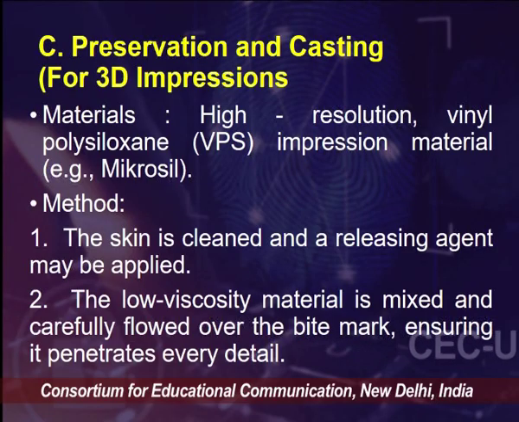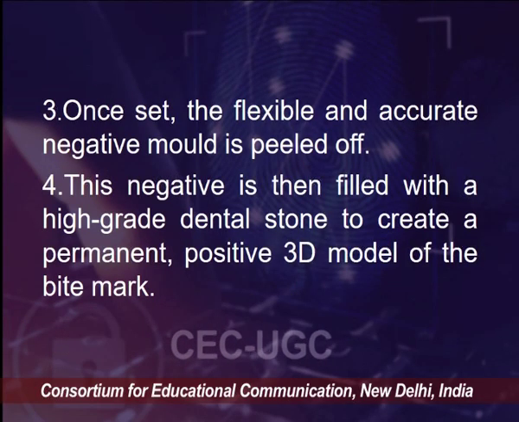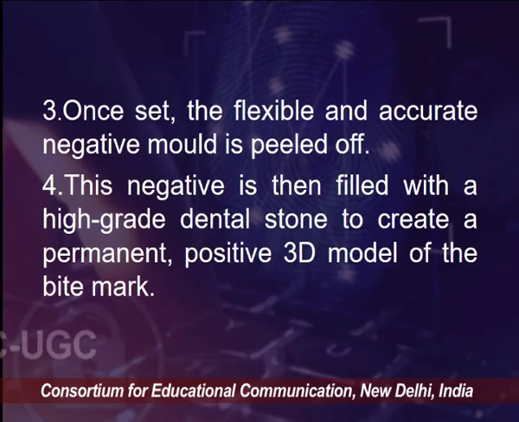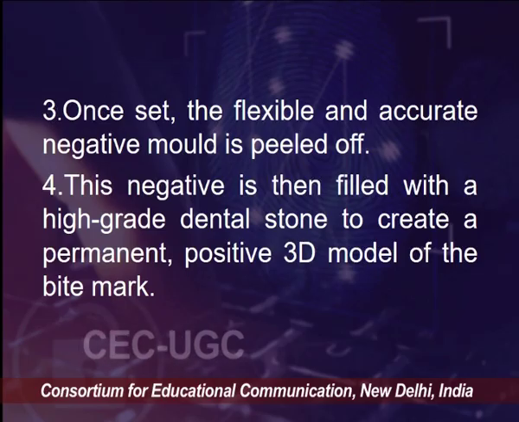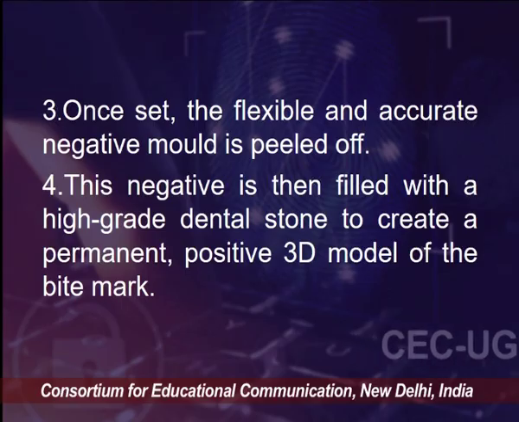Once this is set, the flexible and accurate negative mold is peeled off, and the negative is then filled with a high-grade dental stone to create a permanent positive 3D model of the bite mark. So, this is a negative because whatever depths we have come out now as the impressions. This can also be compared with the bite marks of the suspects.